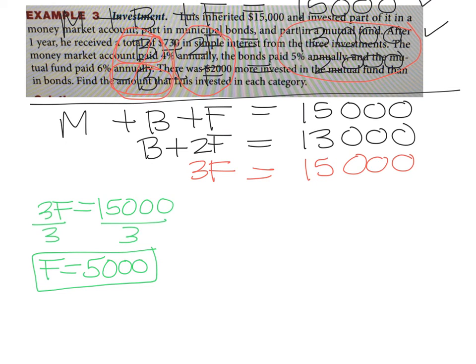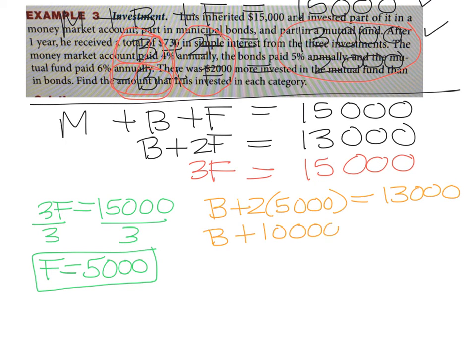Then I'm going to take my result from that and substitute into equation 2, B plus 2F. I can substitute the 5,000 into that equation. 2 times 5,000 is 10,000. I can subtract the 10,000 from each side, and the amount I invested in bonds is 3,000.